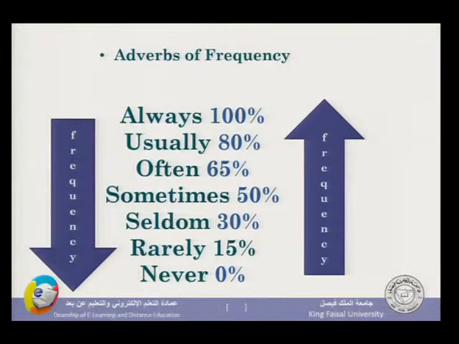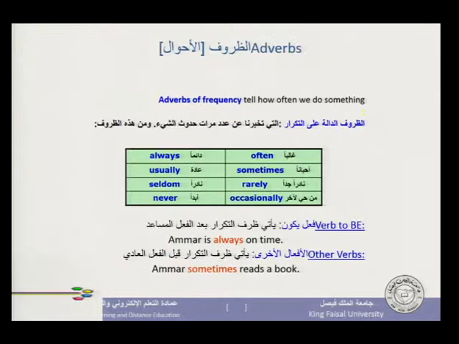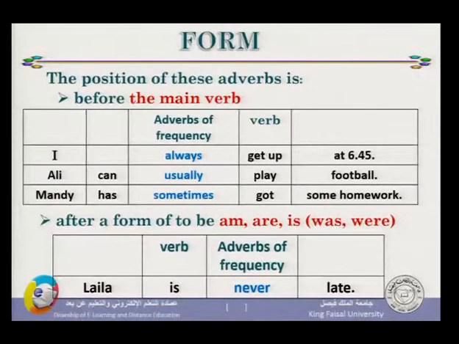Sorry. Adverbs of frequency, I told you about them. Always means 100%. If I say I always go to the university, it is as if I say 100% I go to the university every day, almost every day. Here I show you how the adverbs precede the verbs.